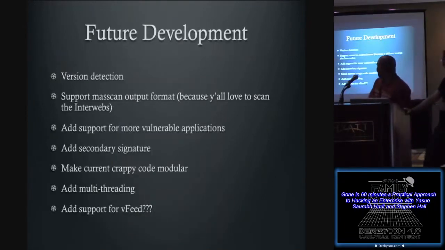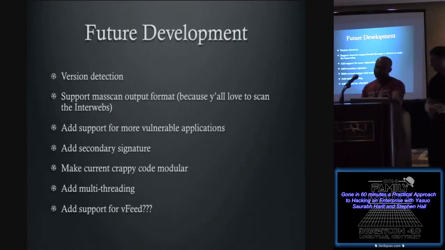Future development. We will implement a smarter version detection. We're thinking of adding support for masscan because it's very in these days to scan the internet, and there are already scan results out there, and it would be convenient if we have an nmap or masscan output file, plug it into Yasuo, it'll start finding vulnerable applications, and there's mayhem all over again.